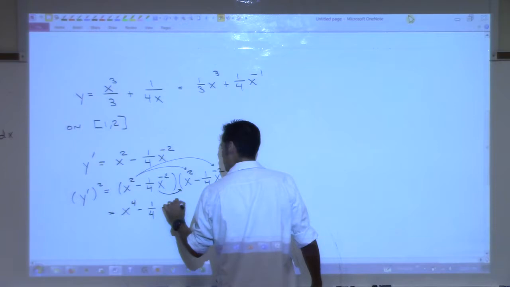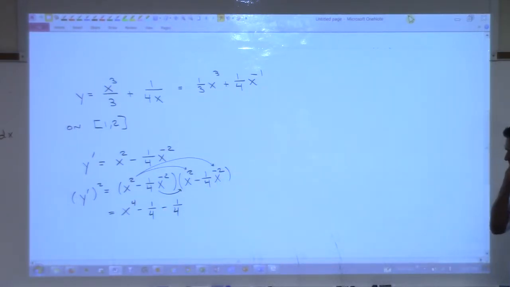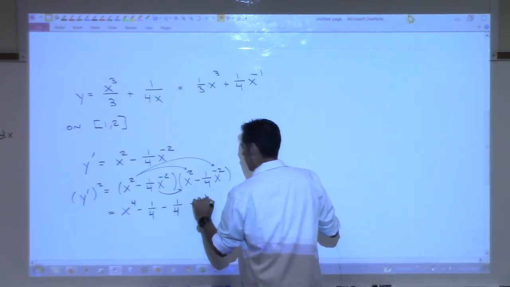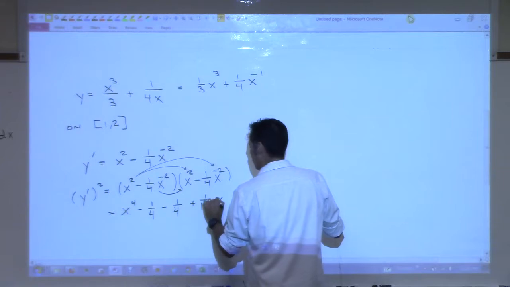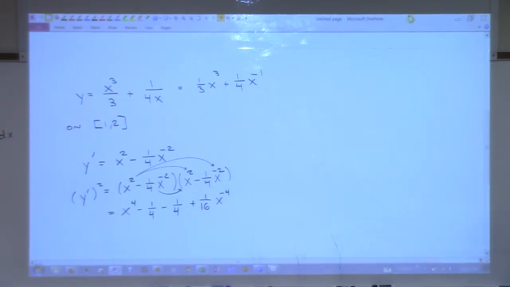Minus 1/4 again. And then what about that last one? Be a little careful on that last one. Plus 1/16 x to the negative 4. Just add the exponents. Negative 2 and negative 2 is negative 4.